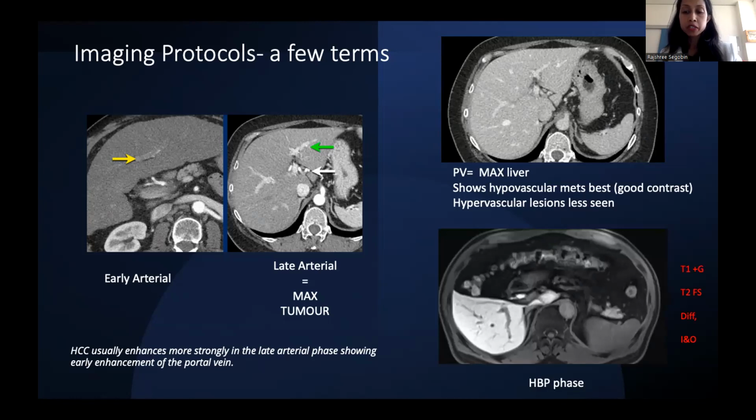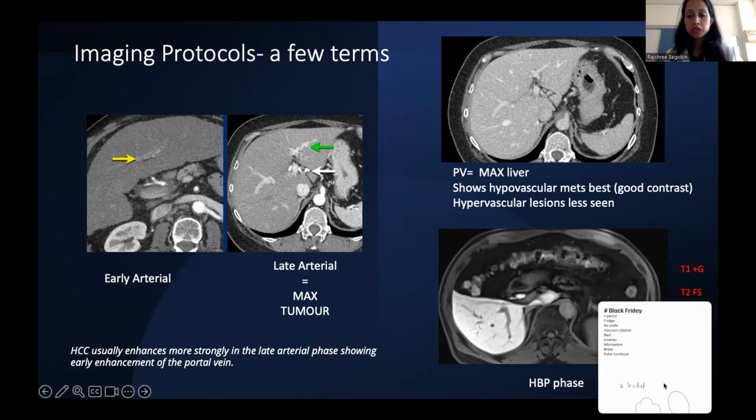Also, depending on institutions or the availability of MRI, we also have recourse to MRI imaging in the diagnosis of HCC, where we would often have multi-phase MRIs. So we often have a T2-weighted FATSAT protocol along with a multi-phased T1 weighted imaging with gadolinium enhancement, a diffusion restriction phase, and an in-and-opposed phase.